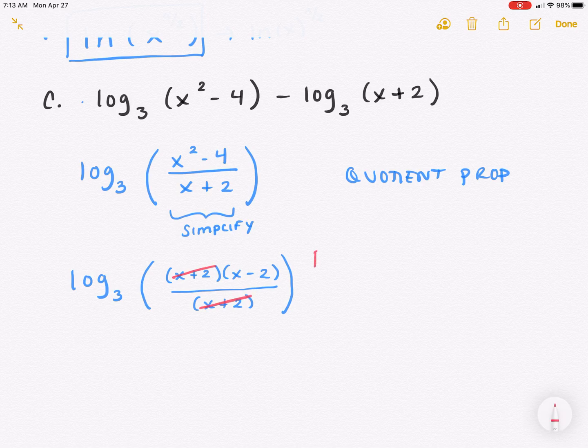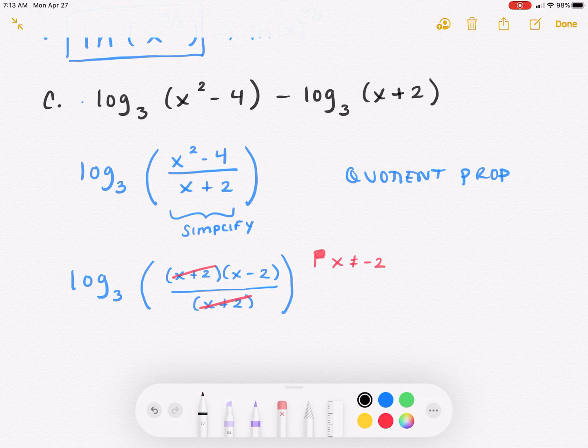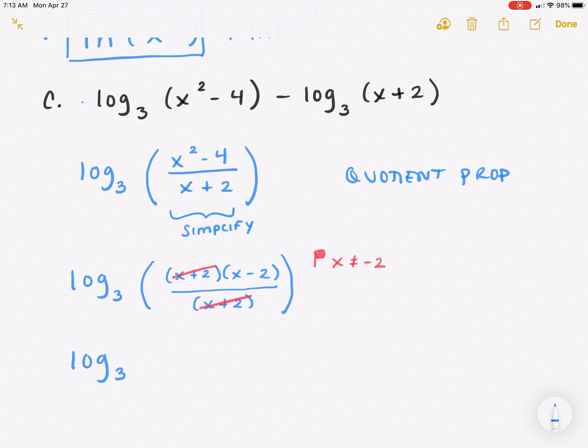Now, for some of you technical people, you are exactly right. We need to be careful. We need to state that even though we're crossing out the x plus 2's, we always need to know that x is not allowed to be negative 2, okay? But with that being said, we can go ahead and simplify this and rewrite it as log base 3 of x minus 2. I'm going to be honest with you, I don't know in the homework if I kept saying what x cannot equal.